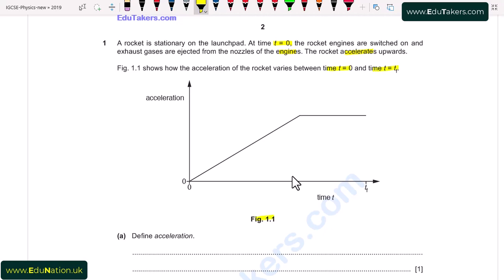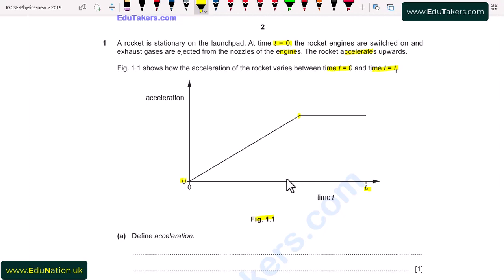In Figure 1.1, from t equal to 0 to tf, there is a graph that shows how acceleration varies with time. First of all, the rocket is moving with increasing acceleration from this point, and after that point the acceleration of this rocket is constant.